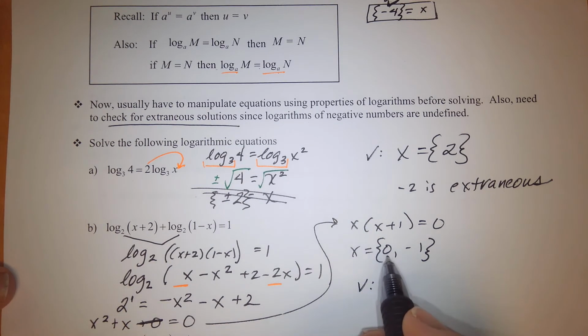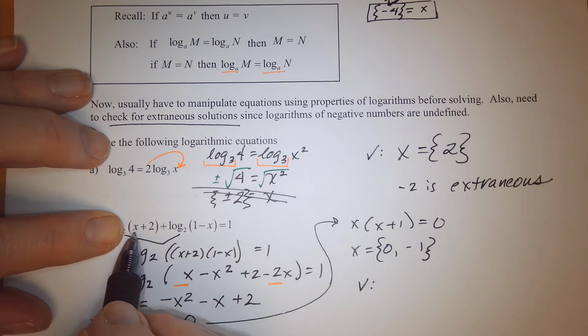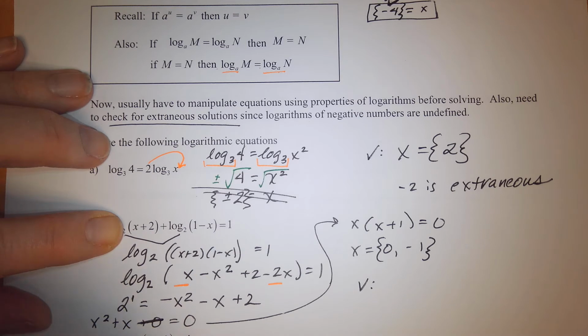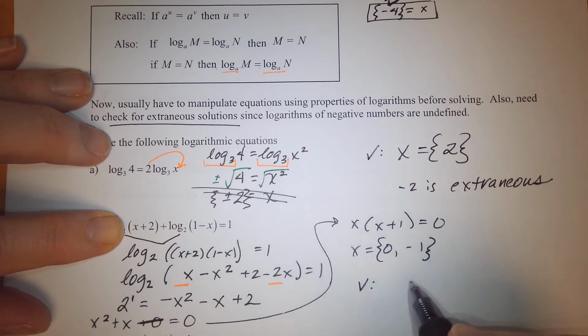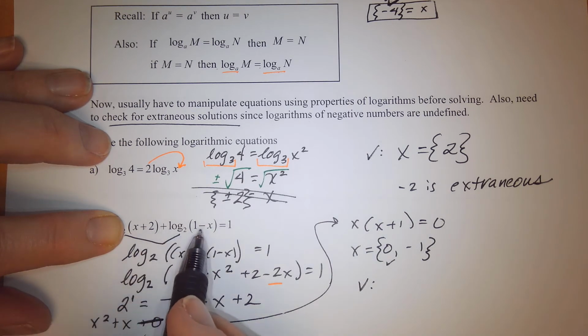Let's start with 0. If I put 0 into this argument, I have 0 plus 2, which is positive, so that checks out. But we also have to make sure that it makes this positive as well. 1 minus 0 is also a positive number, so 0 does check, since both arguments are greater than 0.